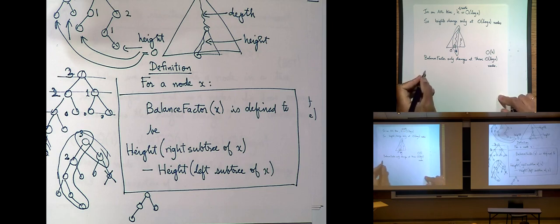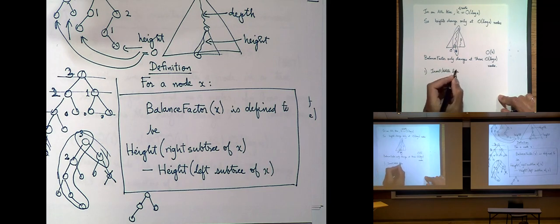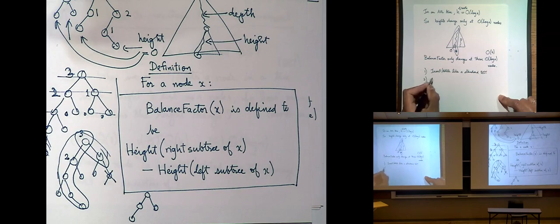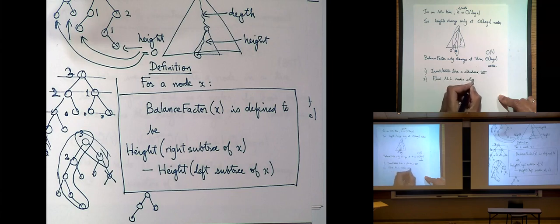So what we do is we insert or delete like a standard BST. Then we find all nodes where the balance factor is not in -1, 0, or 1.